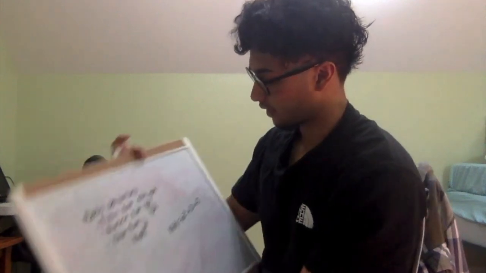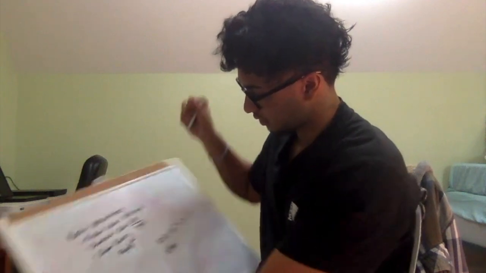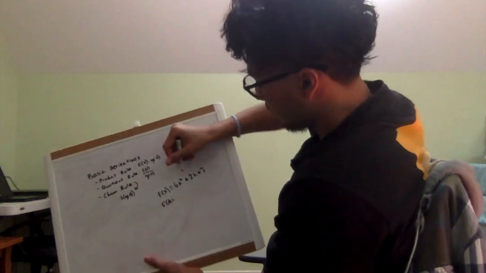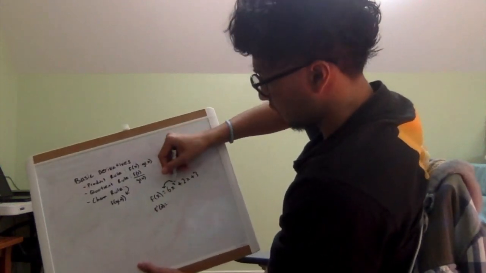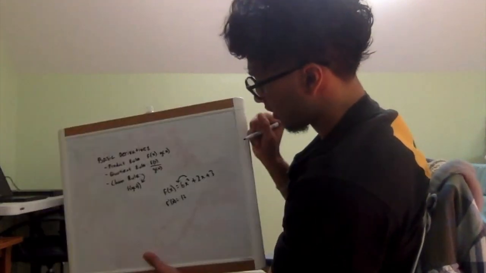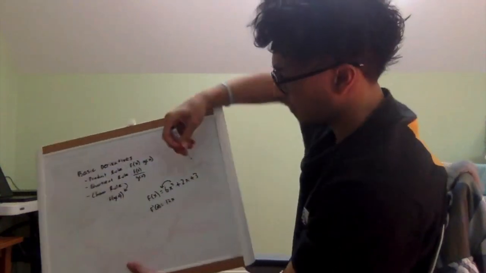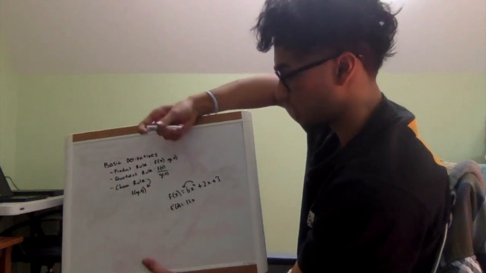So your derivative, f prime of x. Just like in the last one, you would bring the exponent to the front. So it would be 2 times 6, which is 12. And you would do x, your variable, and your power 2 minus 1, which is just 1.